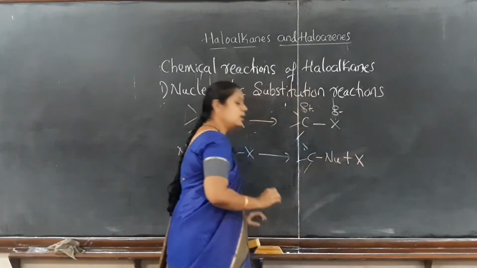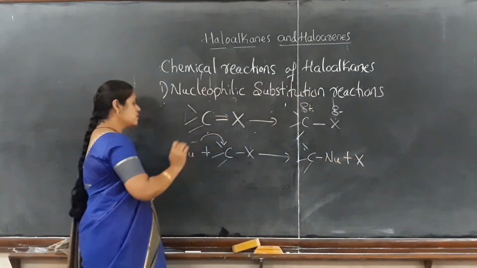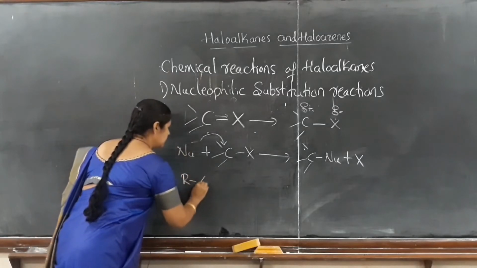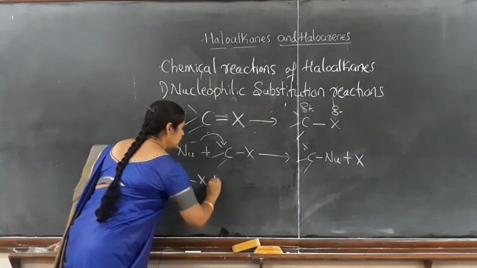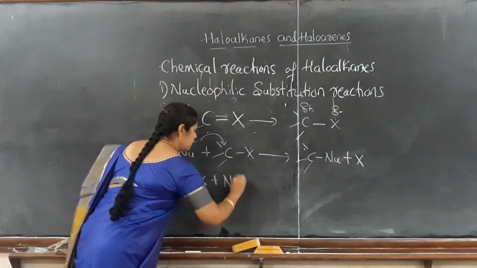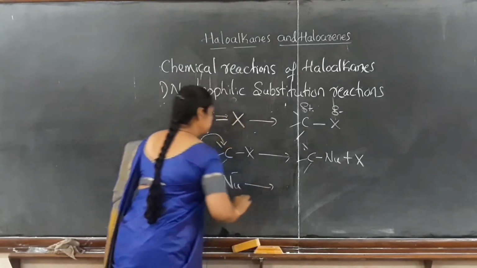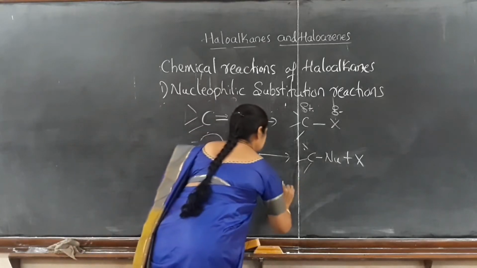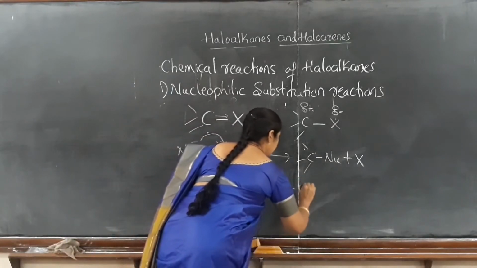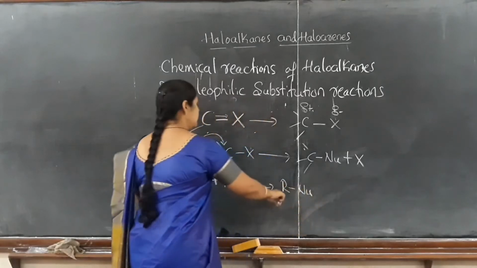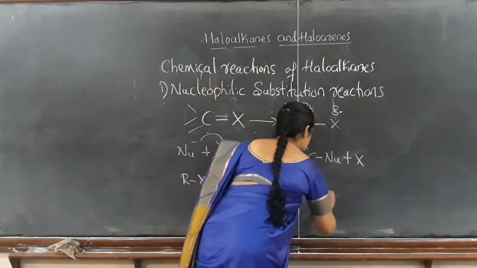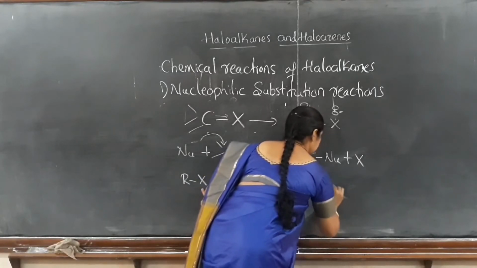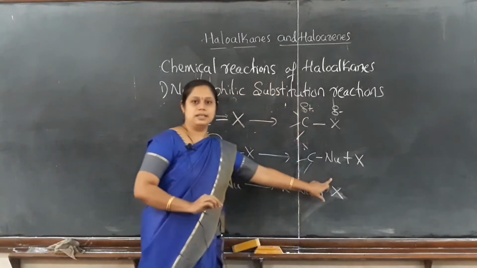So in general, when an alkyl halide is treated with a nucleophile, there is a substitution of the halogen, a bond between the nucleophile and the alkyl group forms, and the halogen is the leaving group.